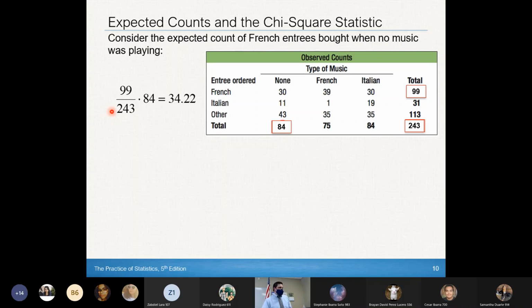Consider the expected count of French entrees bought when no music was playing. We have 99 over 243 times 84 equals 34.22.